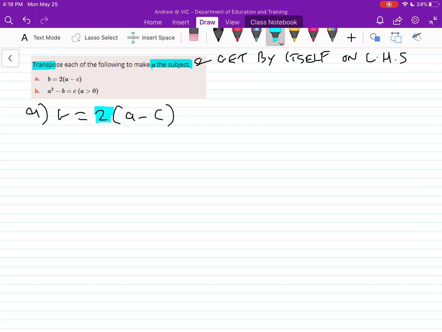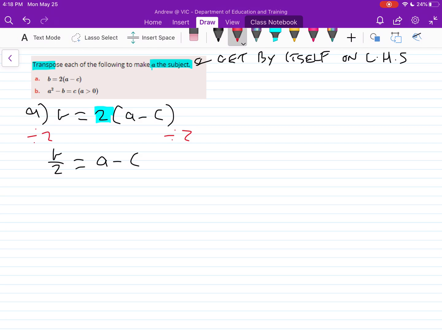So what you need to do is divide this all by 2. So it becomes b over 2 is equal to a minus c.